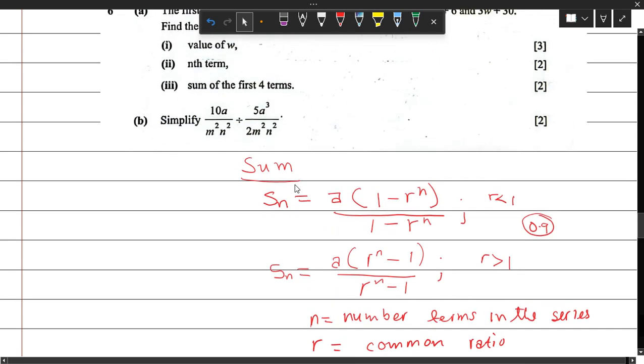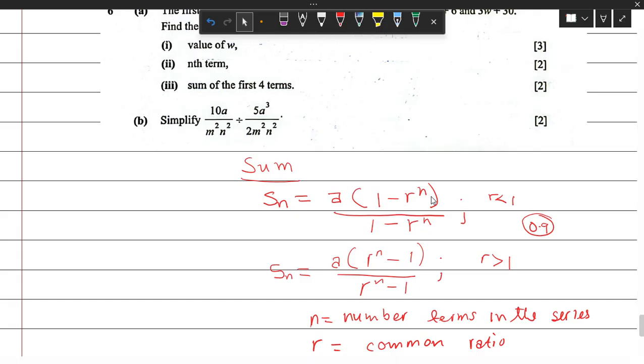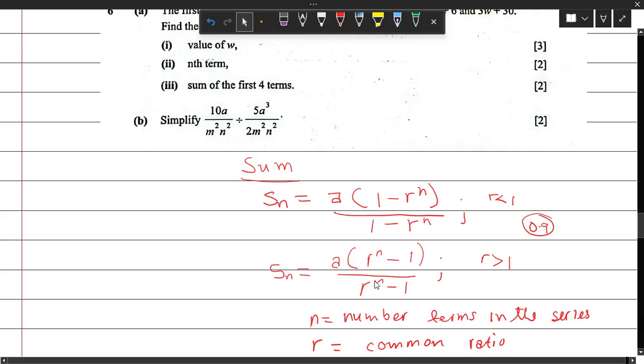Okay, so for the sum, if you remember, you can use any of these formulas. So who can guess which formula we're going to use? I said if r is less than 1, meaning r is 0.something. If it's 1 and above, like 1.1, 1.2, meaning r is greater than 1, you use this one.